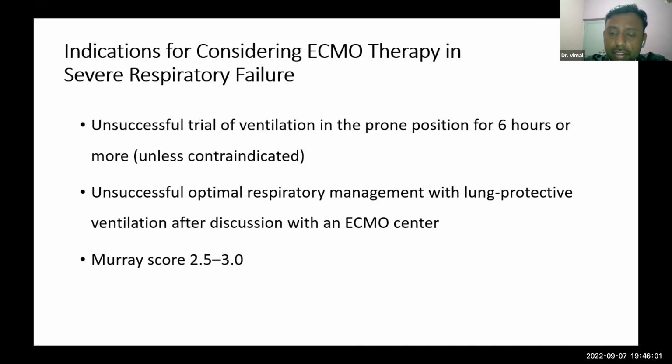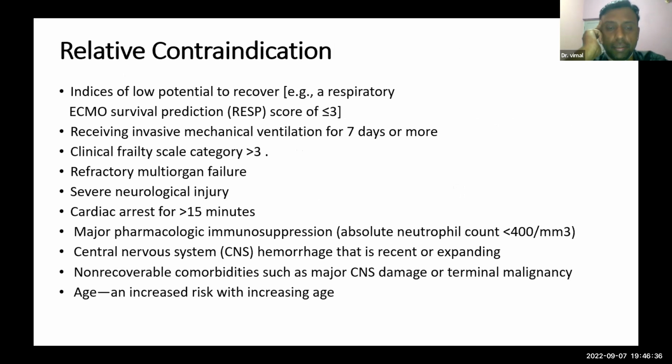If the patient is not responding to prone ventilation, even after 3 to 6 hours, and continues to have persistent, severe respiratory acidosis, and very low PO2 FiO2 ratios, then we do consider ECMO in potentially reversible pathologies. So in cases with unsuccessful optimal respiratory management with lung protective ventilation, this is from the NHS, and the Murray score of 2.5 to 3.